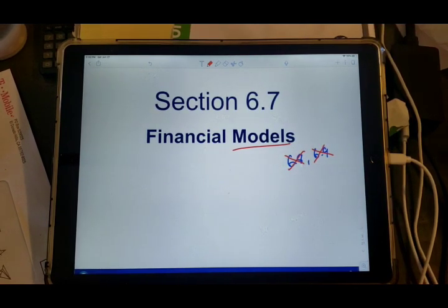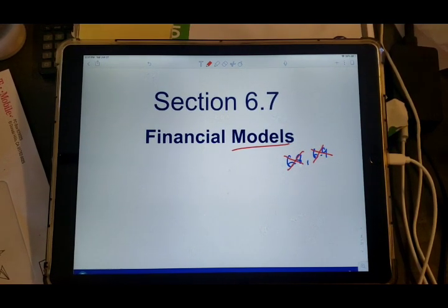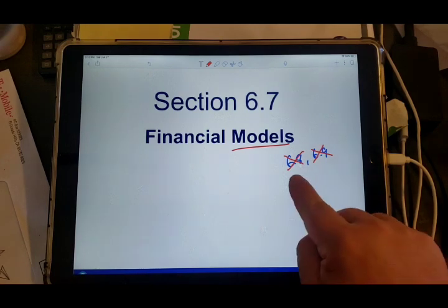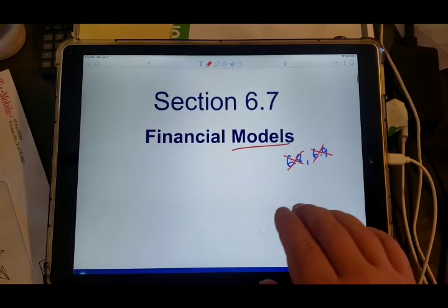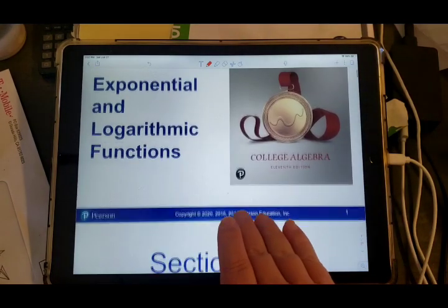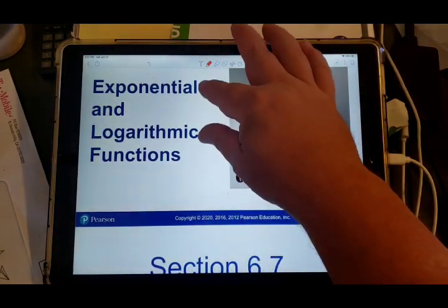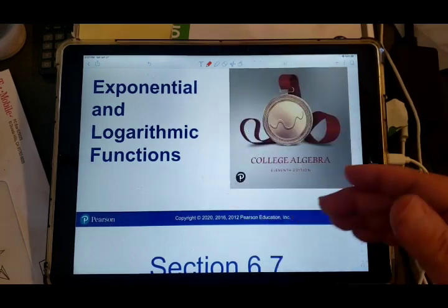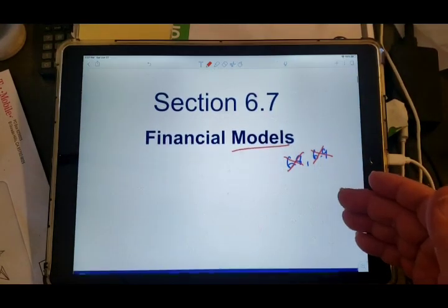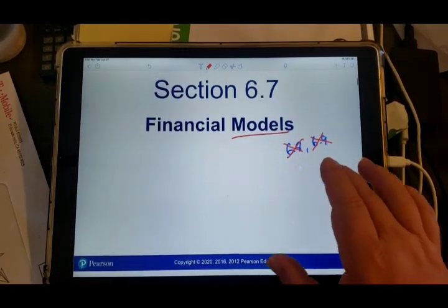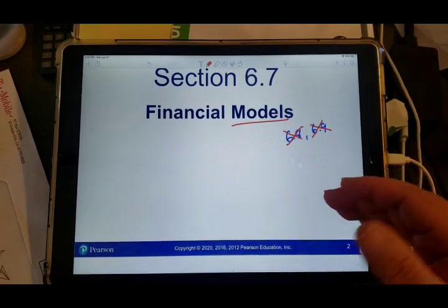But I choose to do 6.7 because it touches all the bases. In other words, it covers all of the stuff that we would need. These just get kind of specialized. And my goal really is to continue talking about exponential and logarithm functions, not to cover every possible model that uses those.